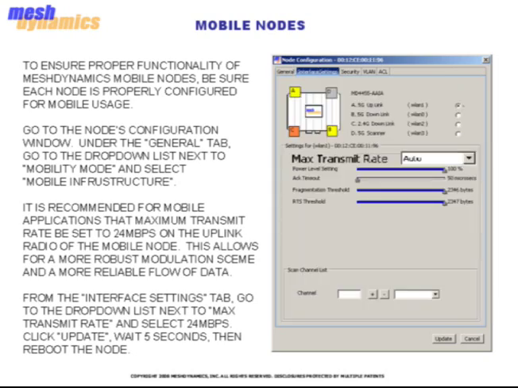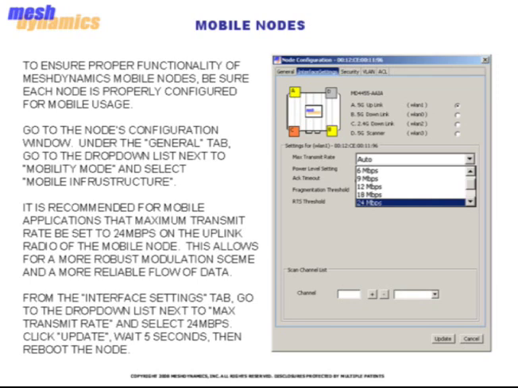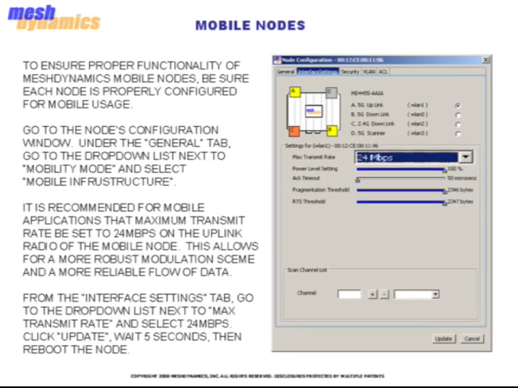It is recommended for mobile applications that the maximum transmit rate be set to 24 Mbps on the uplink radio of the mobile node. This allows for a more robust modulation scheme and a more reliable flow of data. From the Interface Settings tab, go to the drop-down list next to Max Transmit Rate and select 24 Mbps. Click Update, wait 5 seconds, then reboot the node.